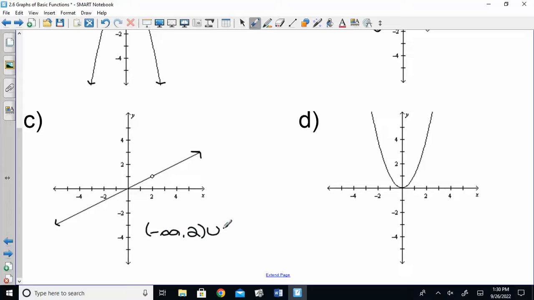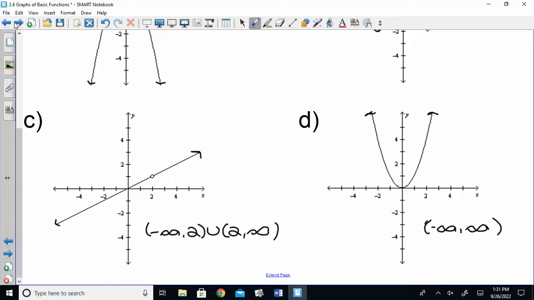So negative infinity to 2, union 2 to infinity. And D? That one's continuous everywhere. The hardest thing to remember is the same issue that we sometimes have with increasing and decreasing: you're only using that x value, not the y.